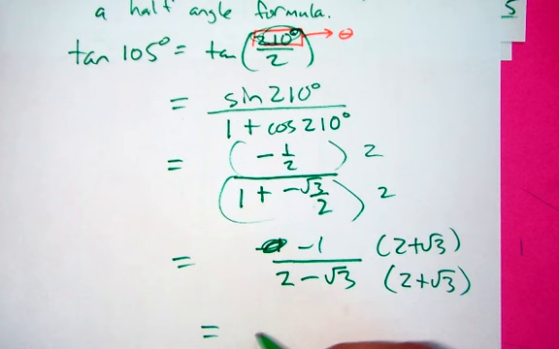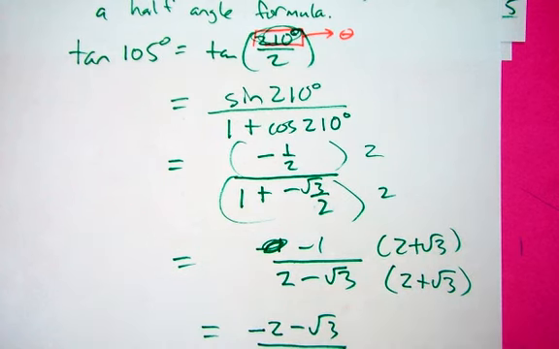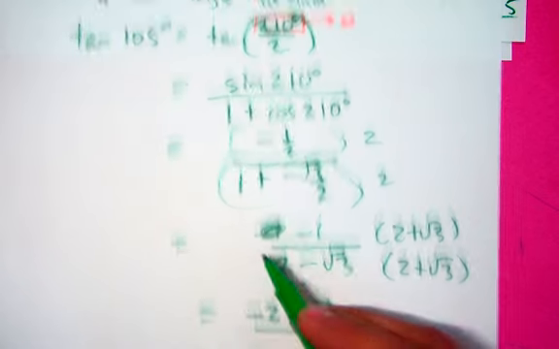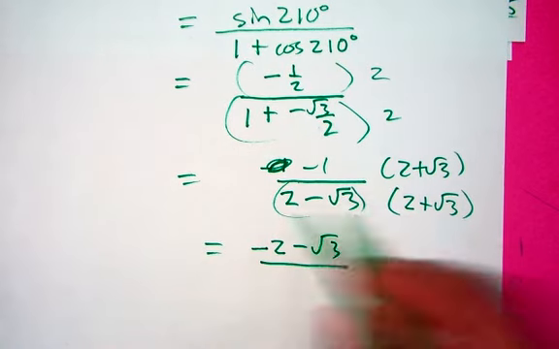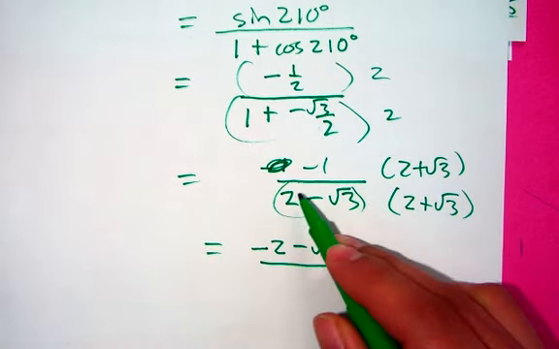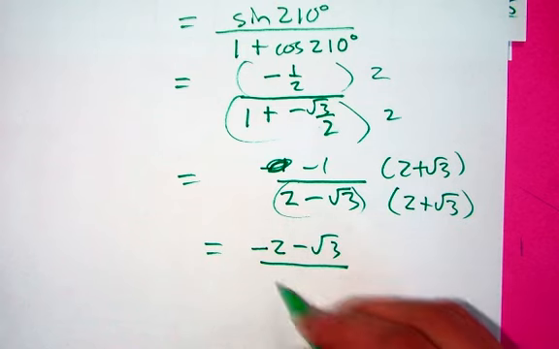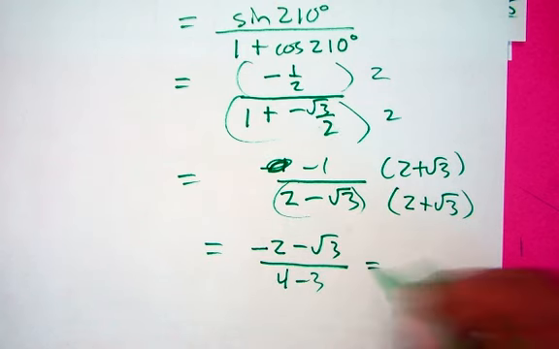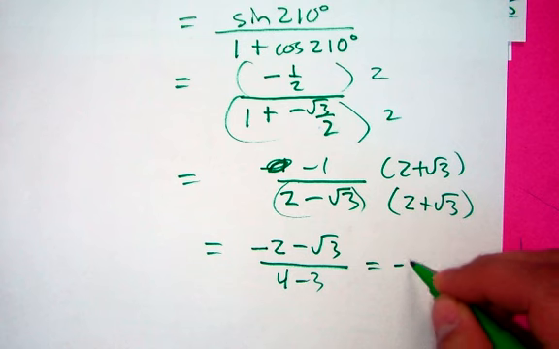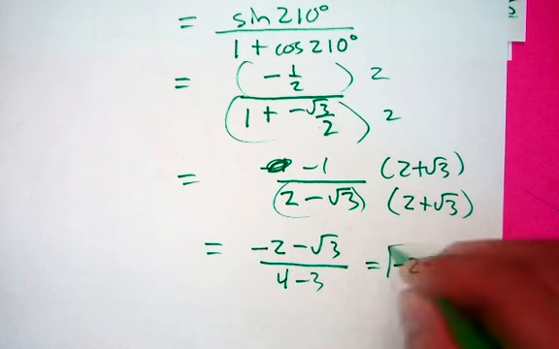So now we get negative 2 minus root 3, that's the numerator. And then the denominator, difference of squares, middle terms cancel, we get 4 minus 3. Well, that's nice, it's just 1. So the final answer is negative 2 minus root 3.